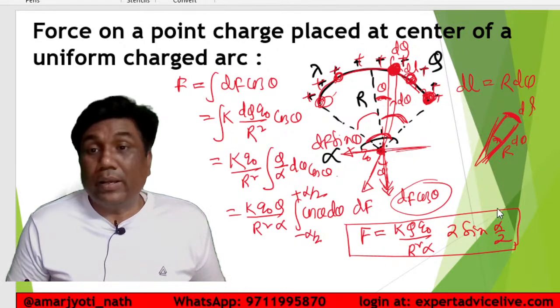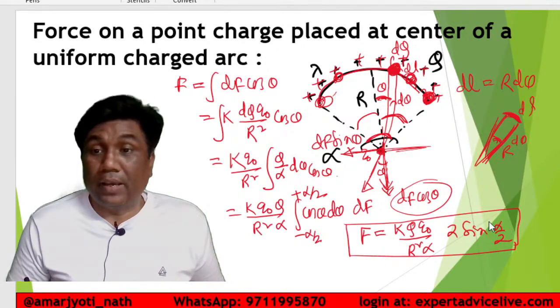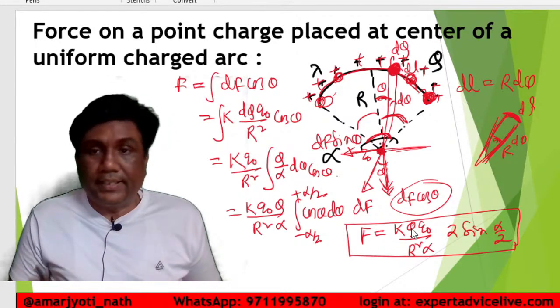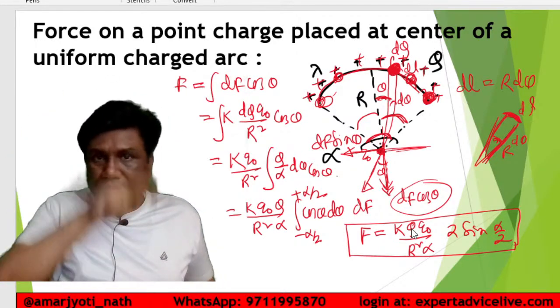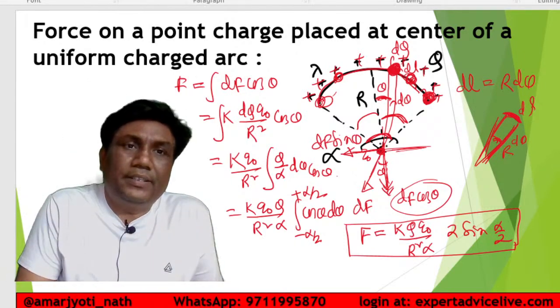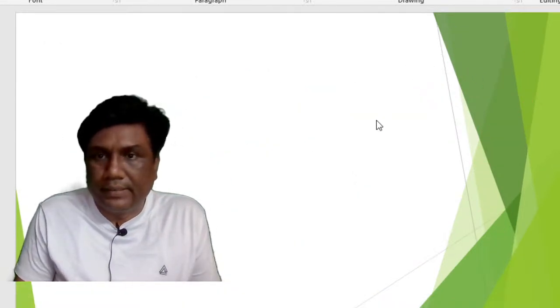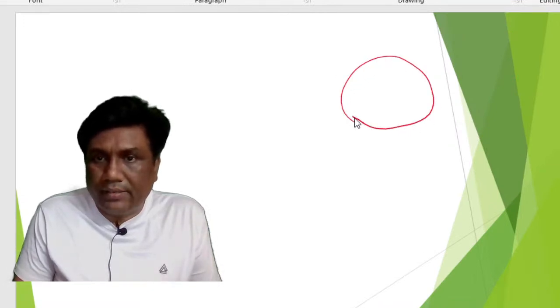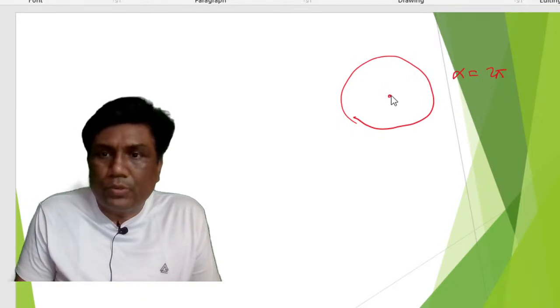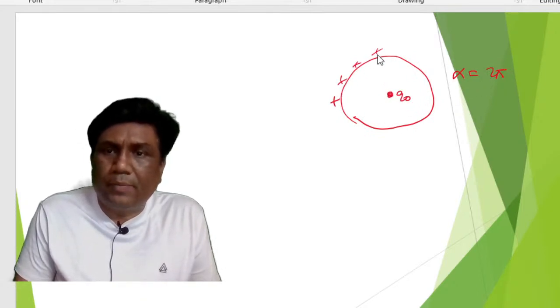And one more thing, you can just visualize also. You can also check the validity, the correctness of this expression. How? See, if it is a complete ring, alpha will be 2 pi. And of course, then the force should be 0, because it will be symmetrically repelled from every segment.